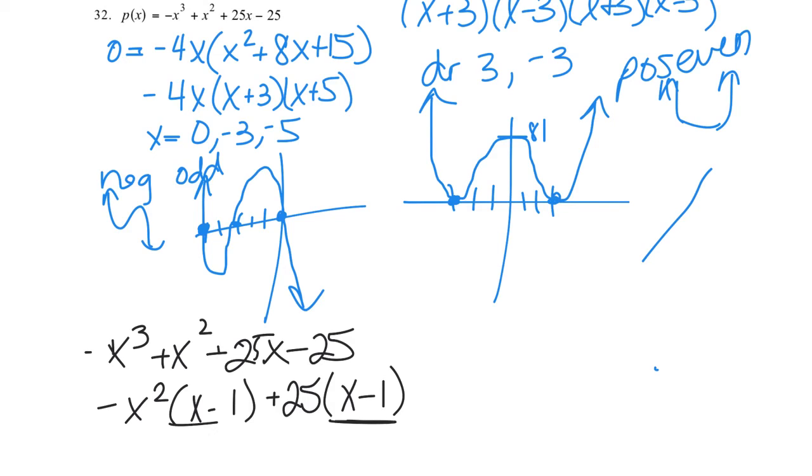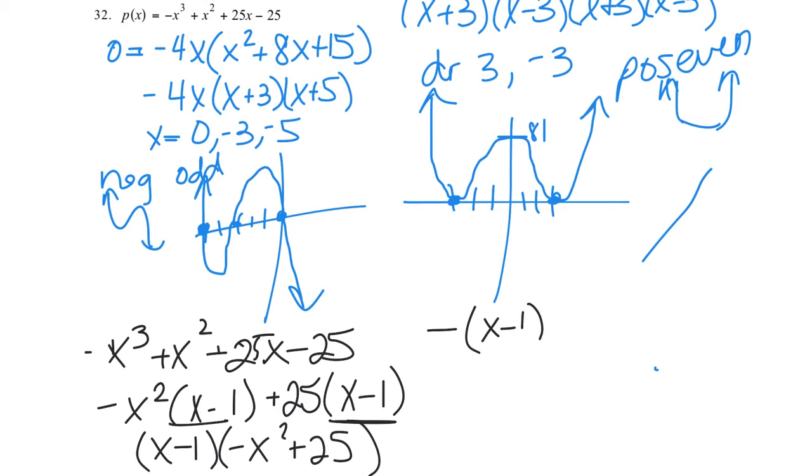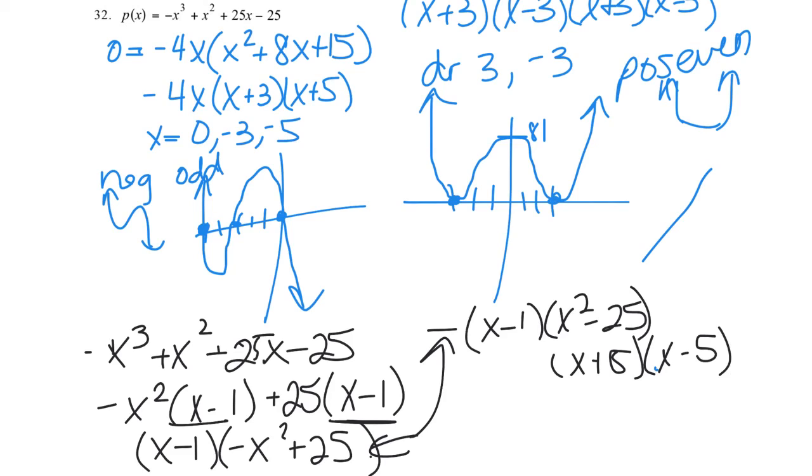Then I'm going to take out my x minus 1, and I have negative x squared plus 25. I can actually factor out that negative, so I'm going to make it negative x minus 1 and x squared minus 25. I took the negative out of this one and put it in front, because it would be weird if it was between. It would look like subtraction, and that's x plus 5, x minus 5.